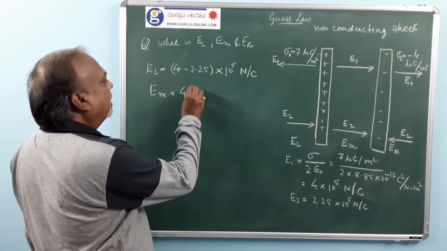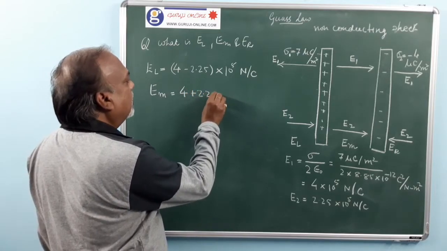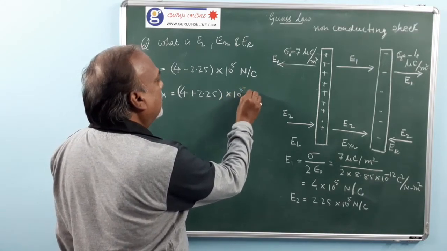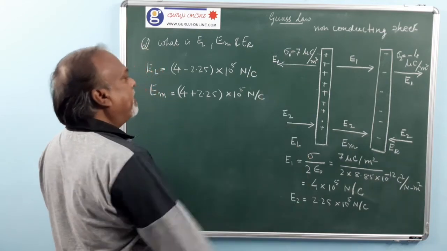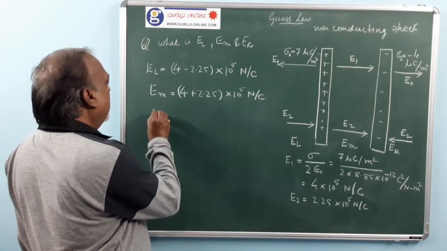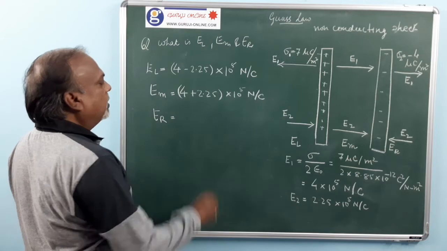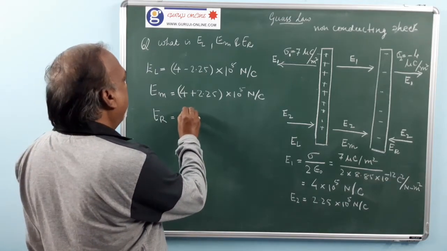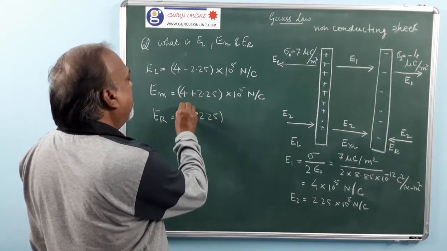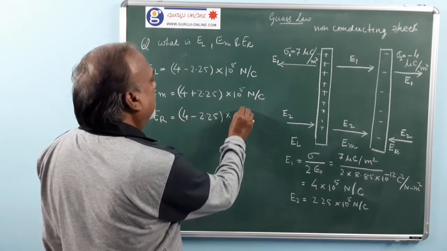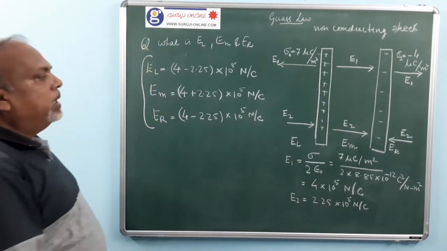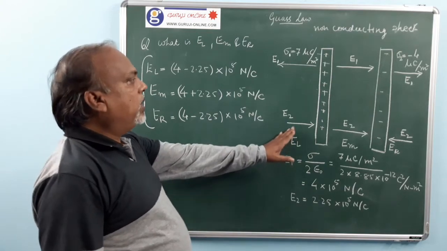That means here it will be right, and naturally in the right it will be again 4 minus 2.25 into 10 raised to 5. So this is basically your answer, and this is how you can analyze this problem.